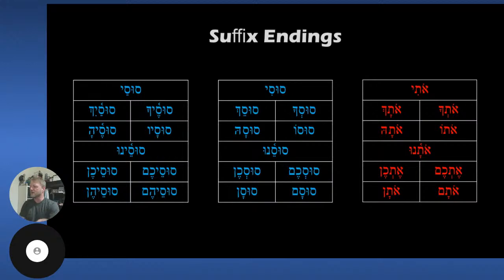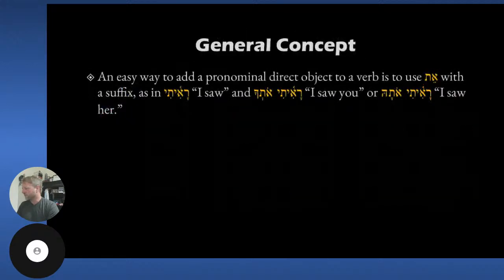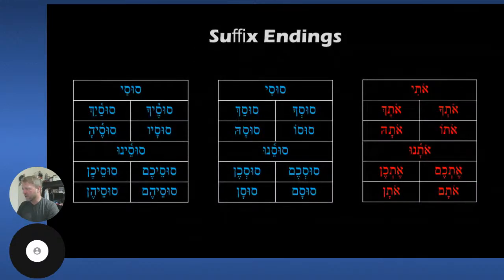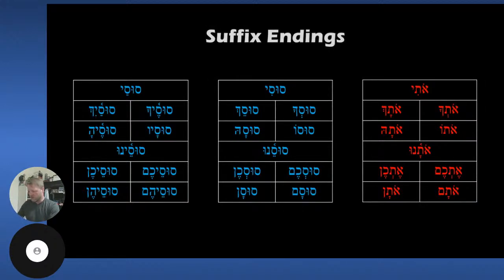These are the suffix endings. You see that there's a mistake there that I will fix immediately. It replaced one of the letters with some ugly thing. Okay, anyway, on the right side, we have normally ani, ata, at, hu, he.